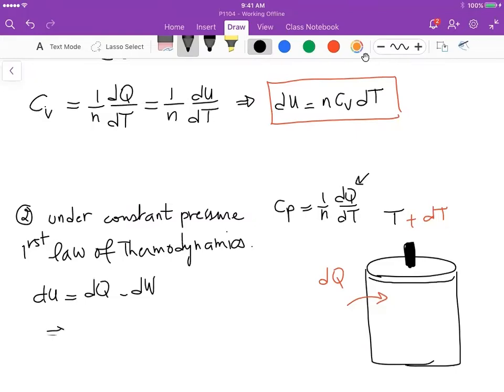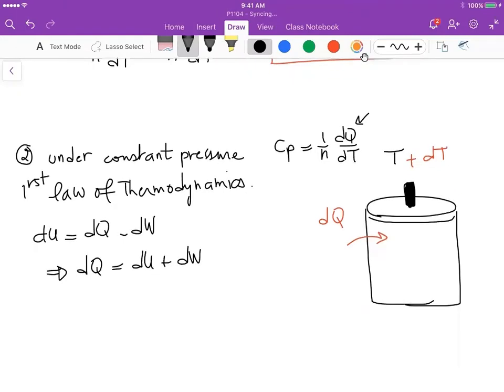Here we can conclude that dQ is given by dU plus dW. Now, how much is dU and how much is dW? Let's have a look at that. We know that dW is equal to P dV, right? Now, how much is this P dV?